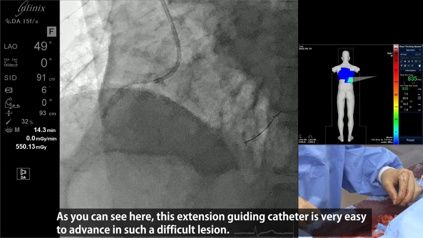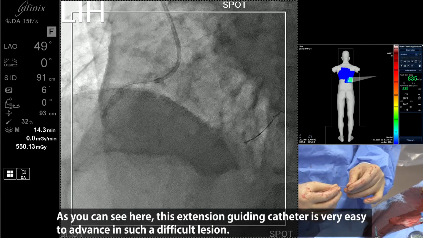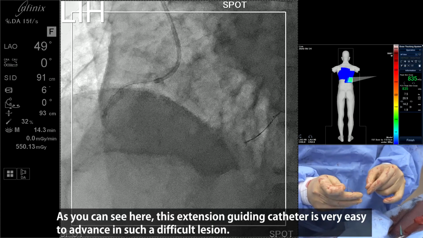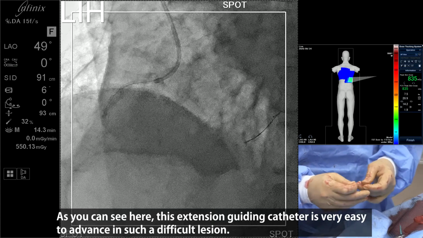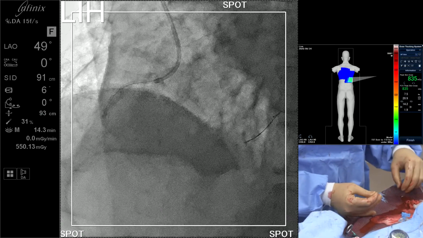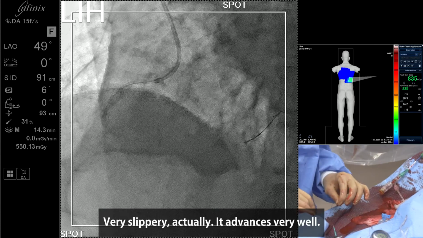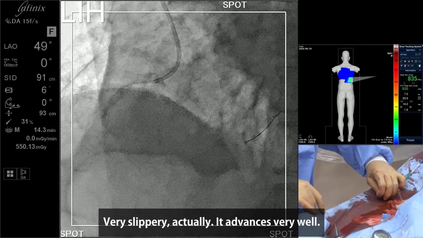As you can see here, this extension guiding catheter is very easy to advance in such a difficult region. Very slippery actually, and it advances very well.